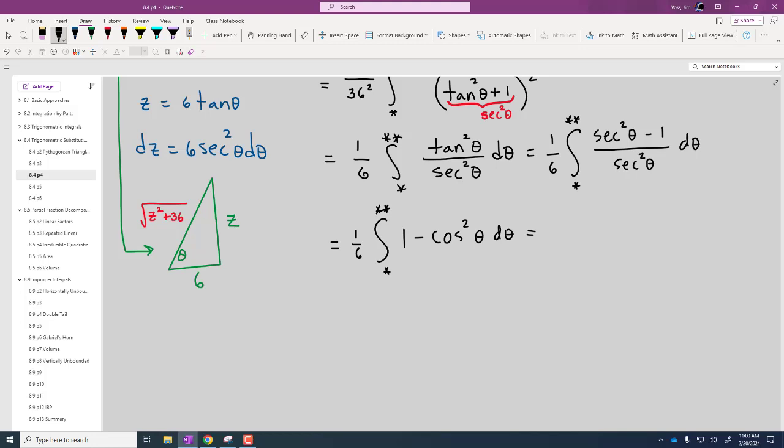And what's 1 minus cosine squared? Sine squared. All right, we're getting there. And if you didn't notice that, you could integrate that right where it's at, but it's going to be easier to reduce it all the way down to sine squared.